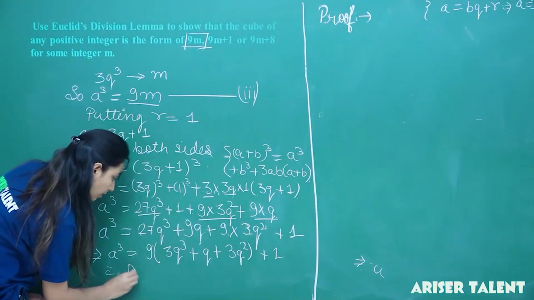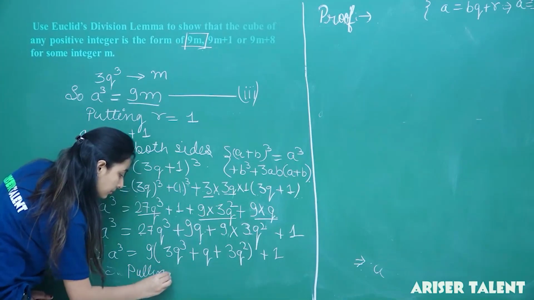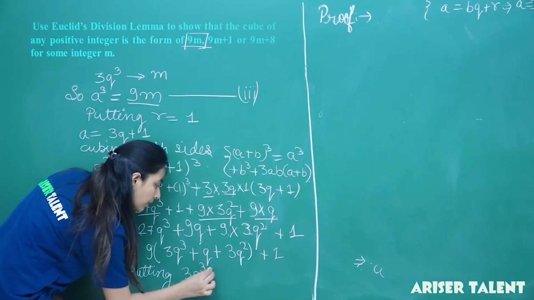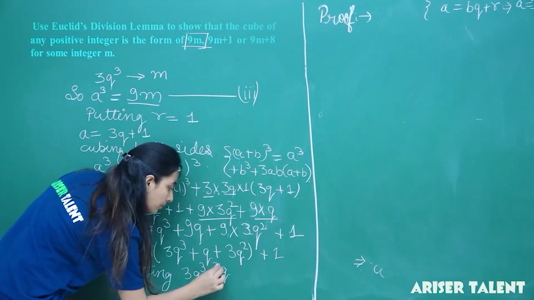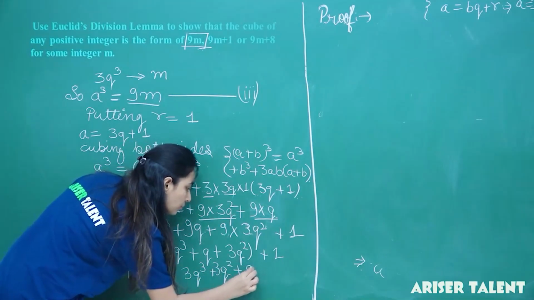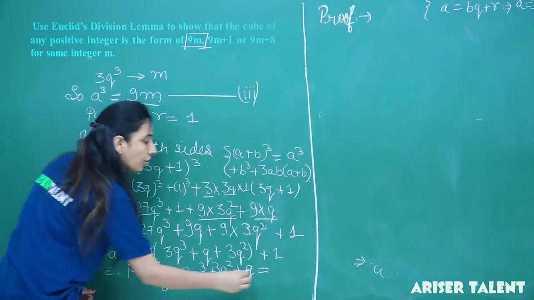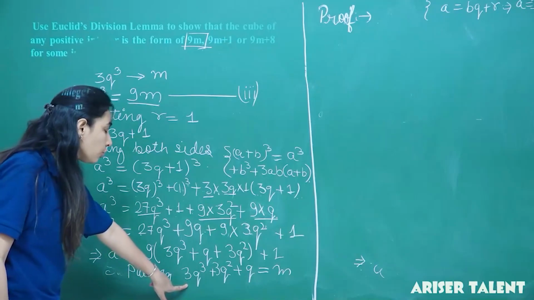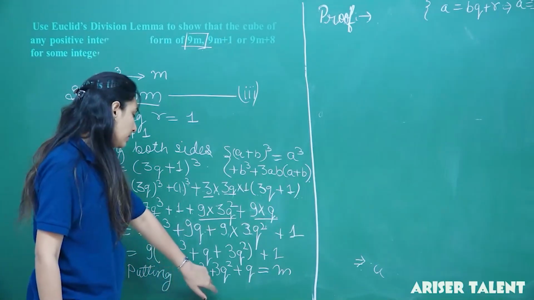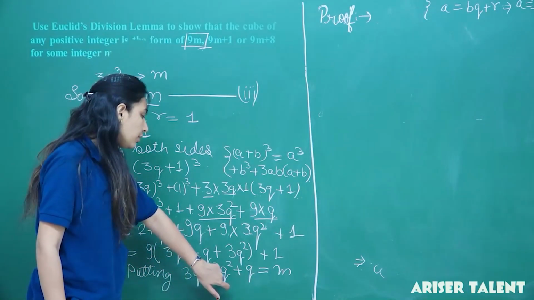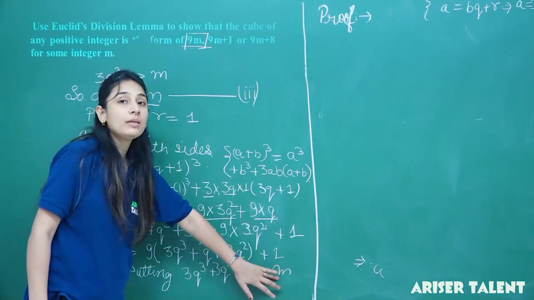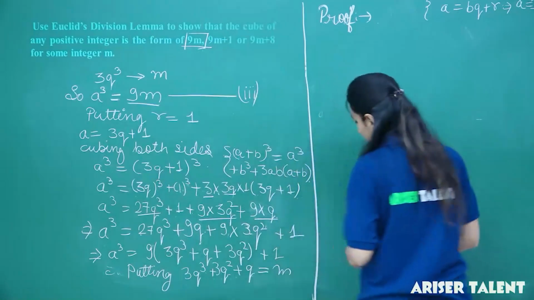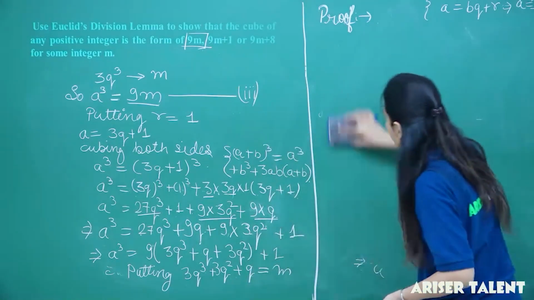Now putting 3q cube plus q plus 3q square equals what? M, where m is some integer. Now here q is an integer, 3 is an integer. So 3q cube plus 3q square plus q will eventually become an integer, and we have the value m as an integer. So we can substitute it.